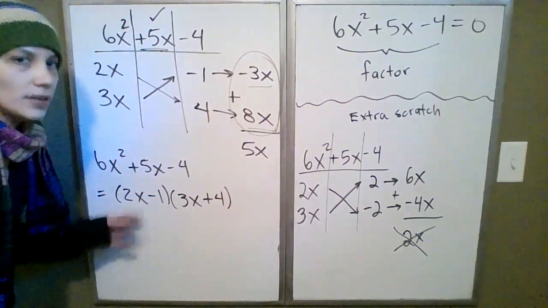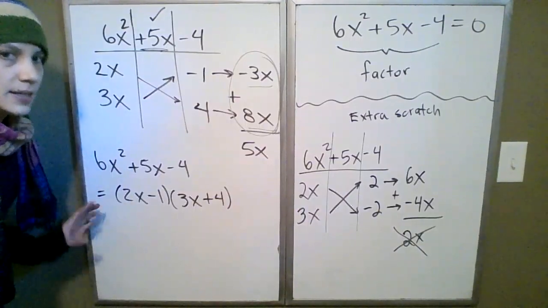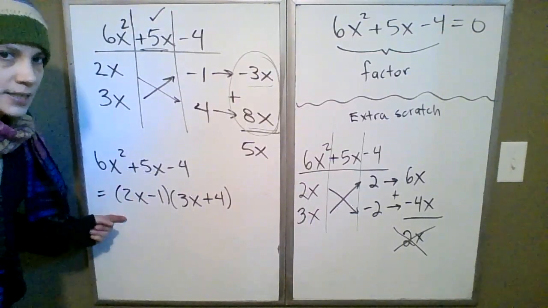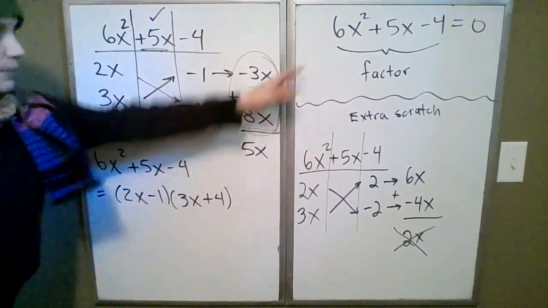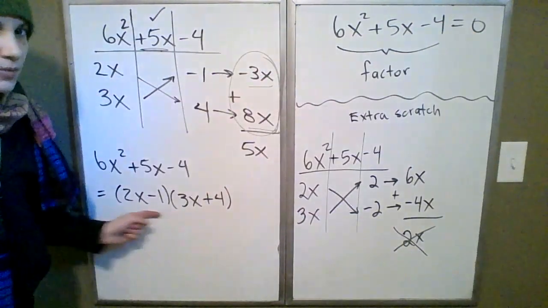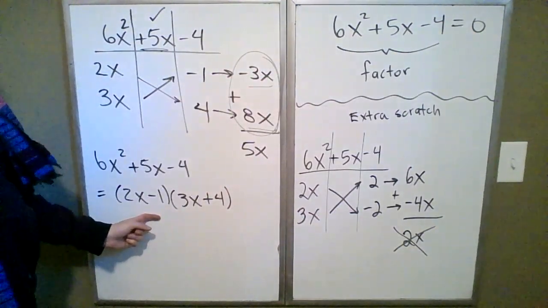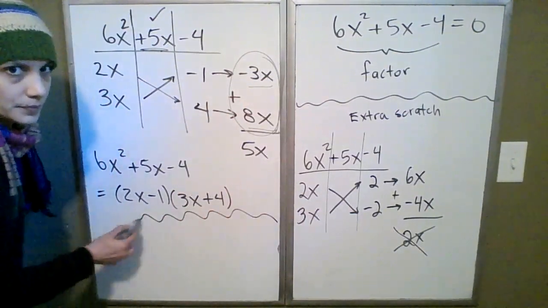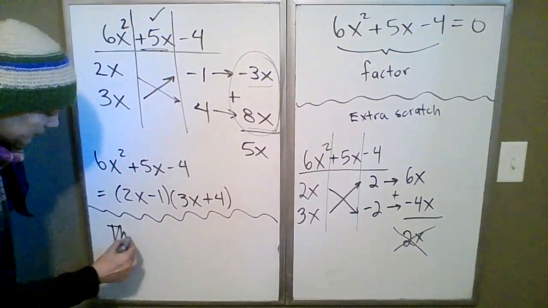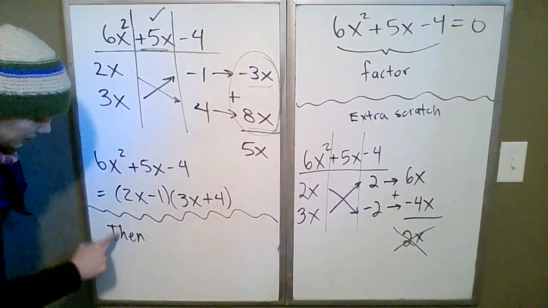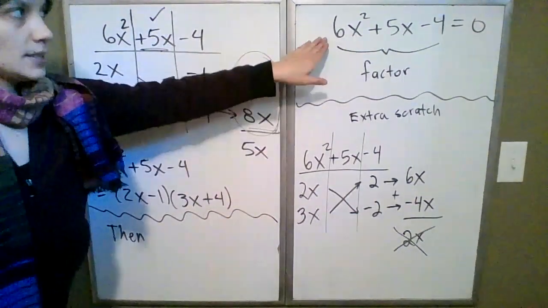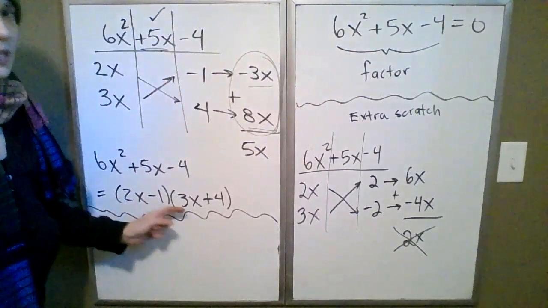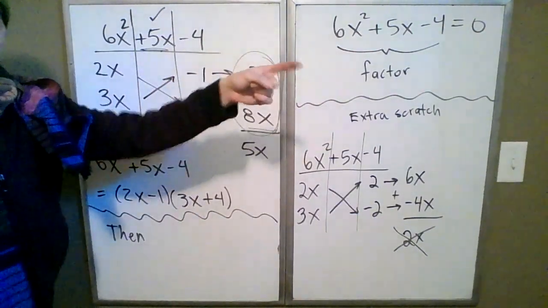All right. And again, all of this was extra scratch work on the side to find out how to factor this part. So this factors into that, which means I want to take this piece in my problem and replace it with the factored form. Okay, so back to the problem. If this side is equal to 0, it means that 2x minus 1 times 3x plus 4 is equal to 0.